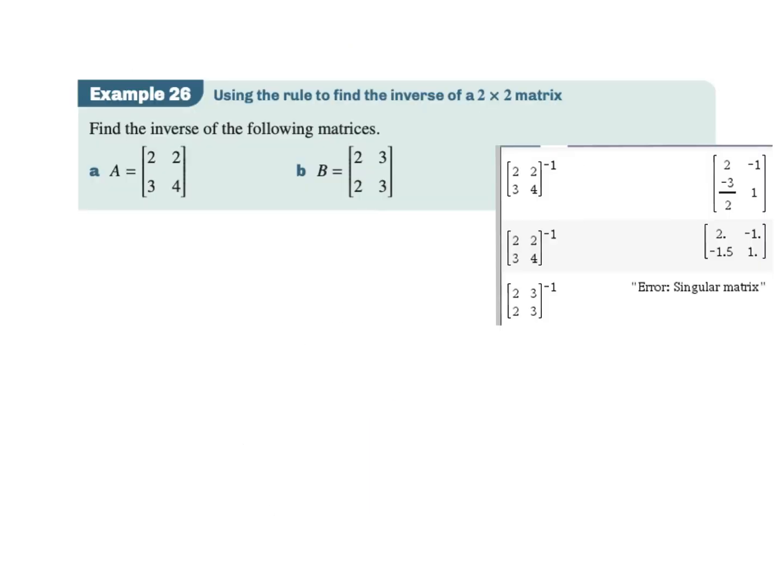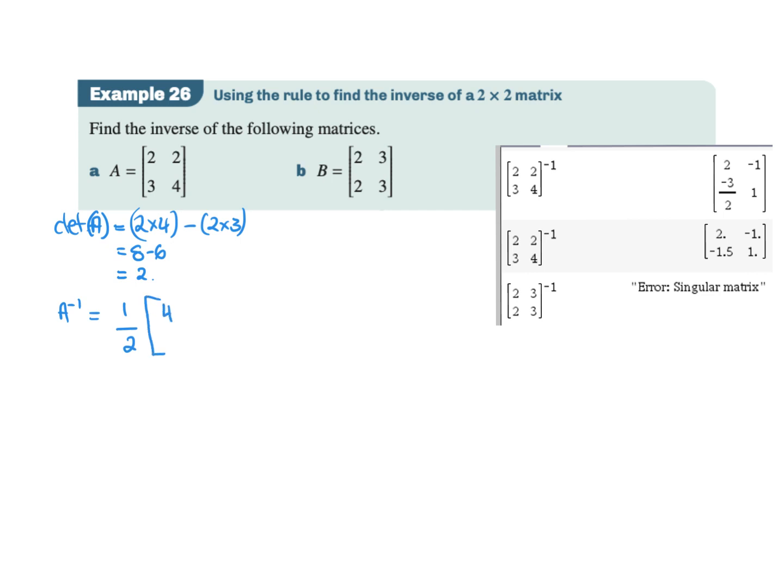Okay, so let's practice. It wants me to find the inverse of matrix A. So first I'm going to work out the determinant of A, which would be 2 times 4 minus 2 times 3. So that'd be 8 minus 6, so we end up with 2, okay? So then when I want to find the inverse, it is 1 over the determinant.